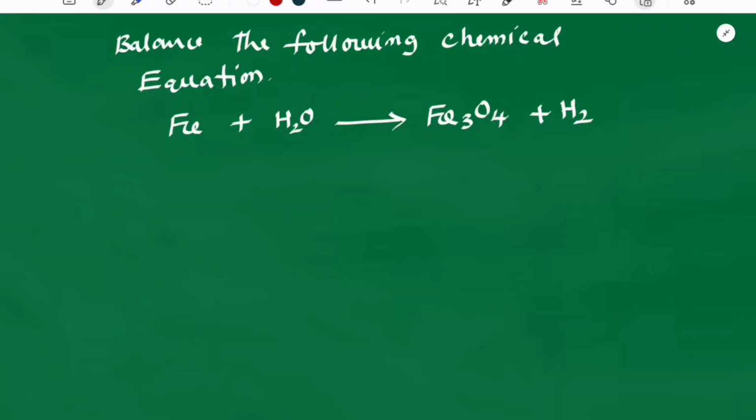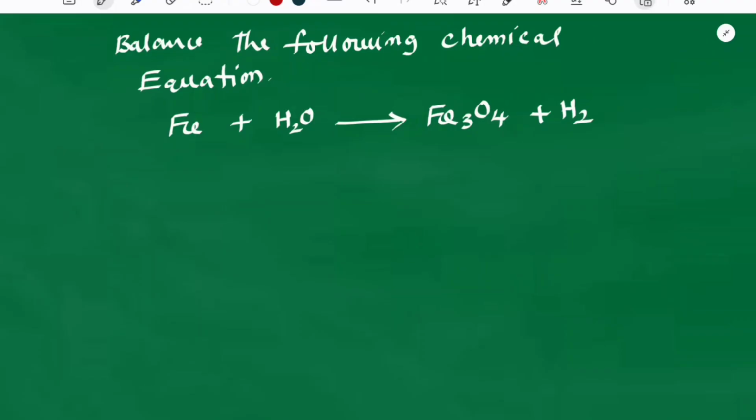The previous equation was directly balanced. But here, we can balance step by step. Some steps are involved to balance chemical equations. How can we balance this chemical equation? We use the hit and trial method.